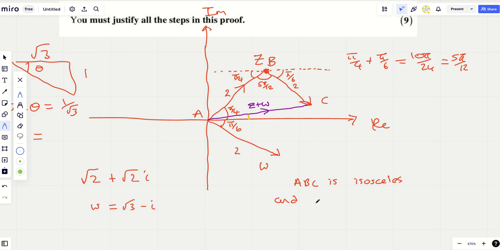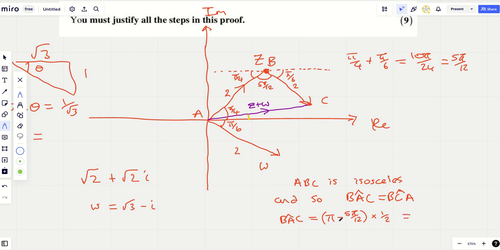And so both BAC and BCA are equal, and we can say that they equal, quite simply, 180 degrees in a triangle, so let's call that pi, but take away 7 pi over 12, 5 pi over 12, and then halve it.